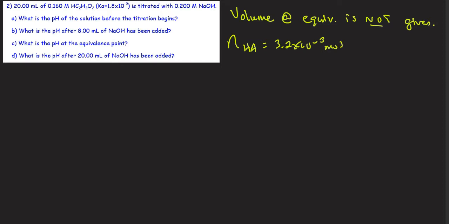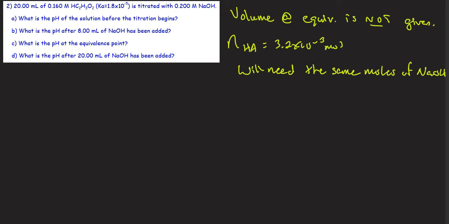And we know that our base is going to react quantitatively, pushing this acetic acid to complete dissociation, right, despite it being a weak acid. So that means that we'll need an equal number, or the same, moles of base.